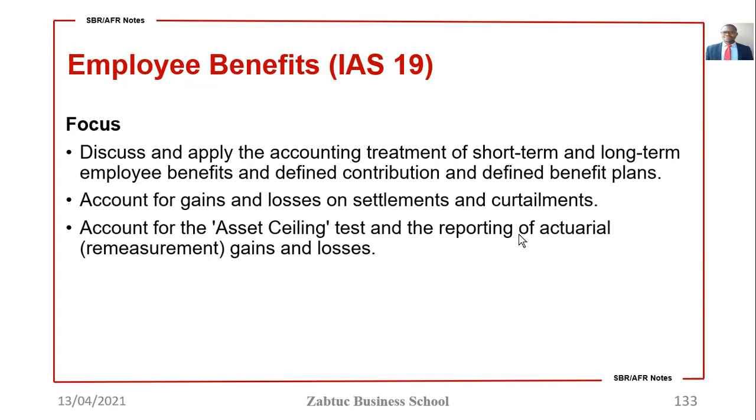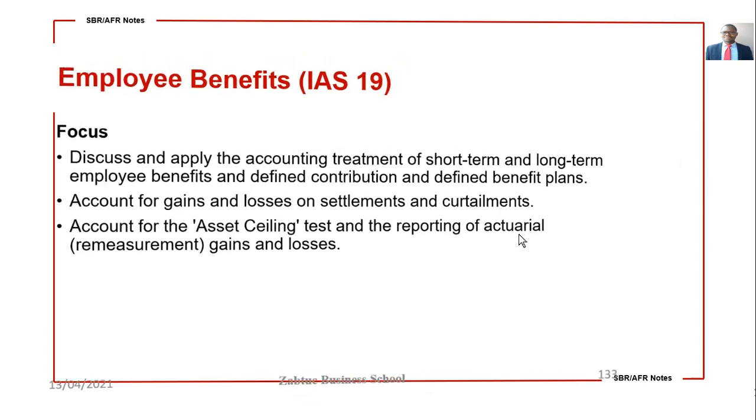We need to discuss and apply the accounting treatment of short-term and long-term employee benefits. We need to discuss defined contribution and defined benefit plans. We need to account for gains and losses under curtailments. We need to account for the asset ceiling tests and know how to report actuarial remeasurement gains or losses.